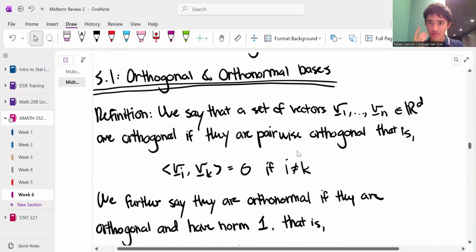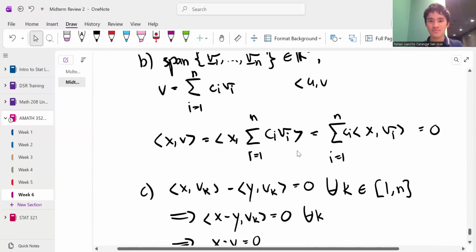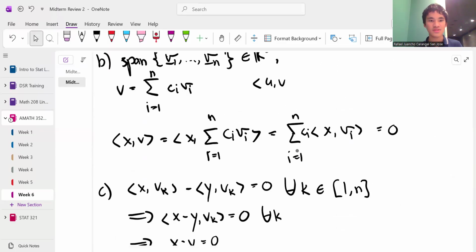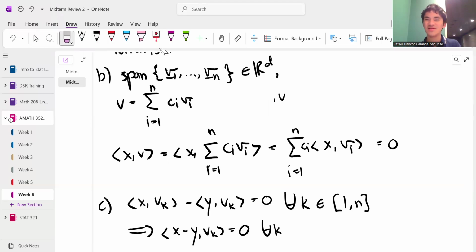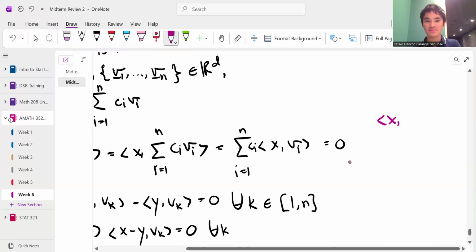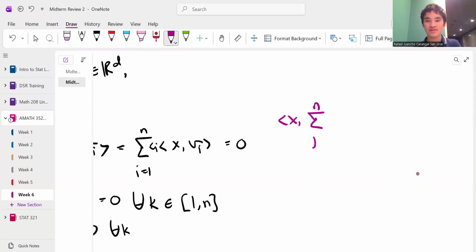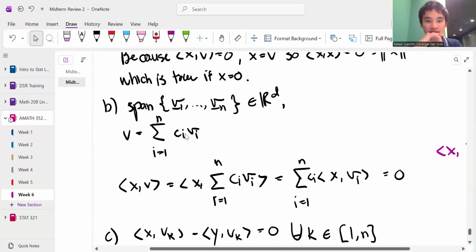Actually, you know what? I think we can do it without even going through the definitions. Let me try and see if we can do this. How do we say that these two are equal to each other? Say we have this x. We have this summation from j equals 1 to n of cj vj.